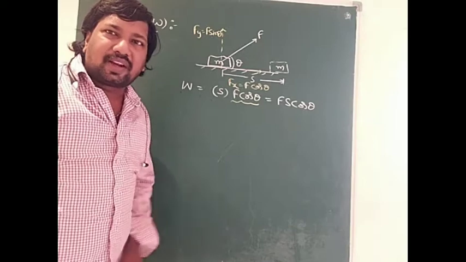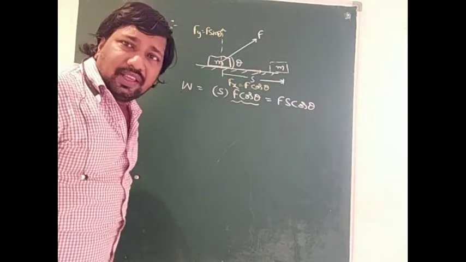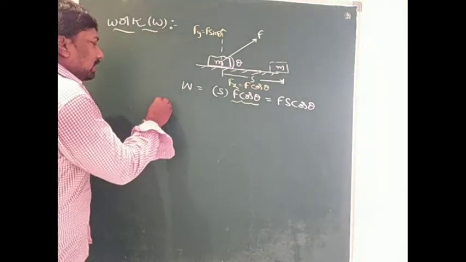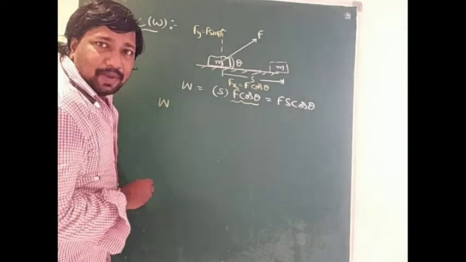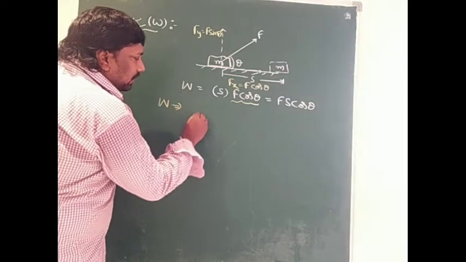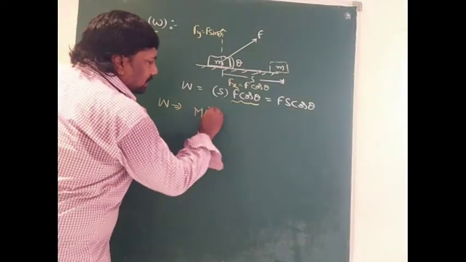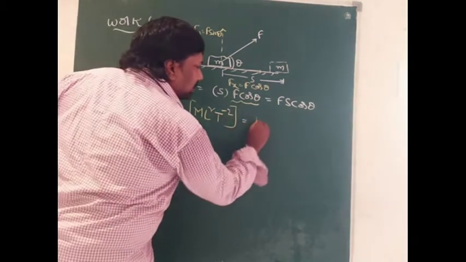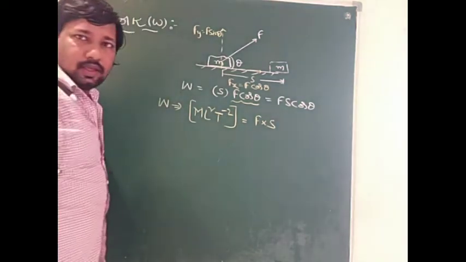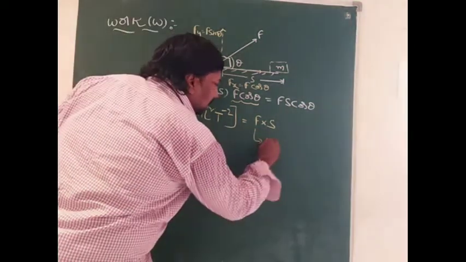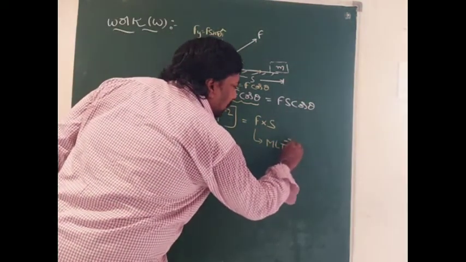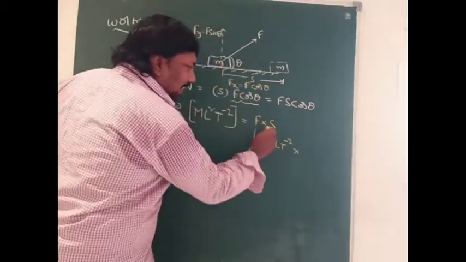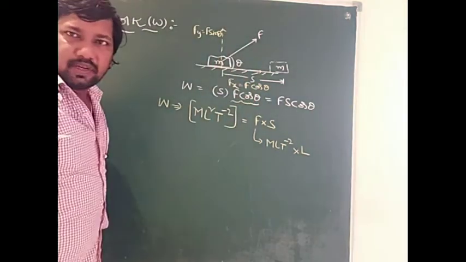Work done has the same dimensions as energy. Its dimension formula is ML² T⁻². Here W = F into S, where F has the dimension formula MLT⁻², the dimension of force, and S is displacement.